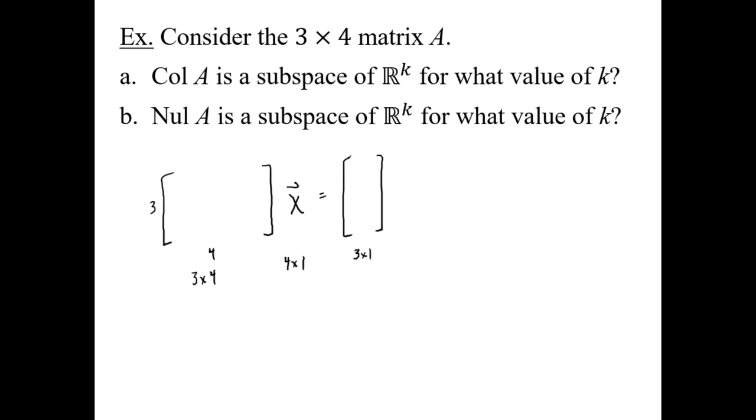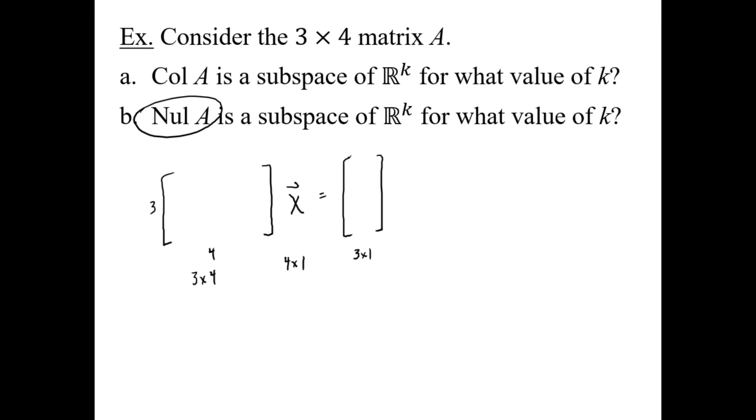Now keep in mind the null space, I'm going to start with part B here for a second. The null space is the set of all vectors that map to the 0 vector. In other words, the null space assumes that the right side of this equation is the 0 vector. And the null space is made up of all the x's.